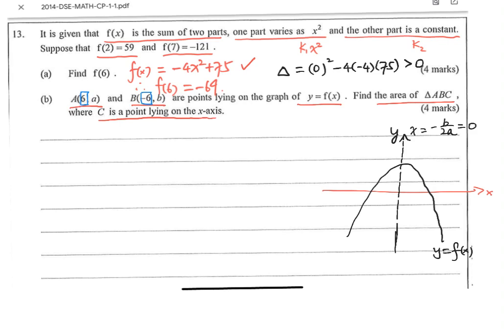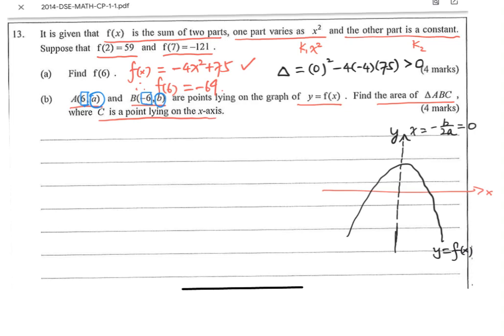Because of symmetry, the x-coordinates of A and B are symmetric about the y-axis. So the values of A and B, A is here, B is here, must be the same.